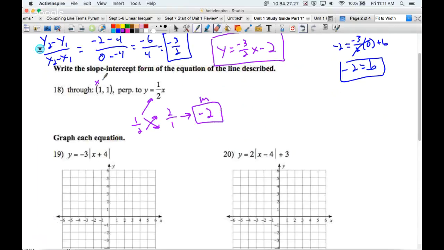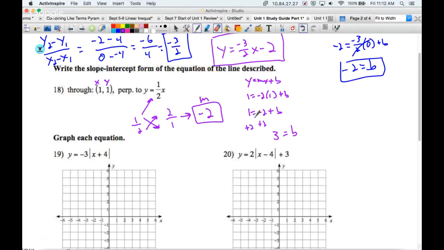It's going through this x, y, so I'm going to borrow those points to find my y-intercept. y equals mx plus b becomes 1 equals -2 times 1 plus b. When I plug those in for x and y, 1 equals -2 plus b, add 2, 3 equals b.